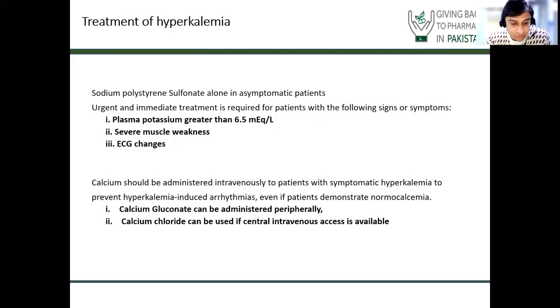If you have calcium chloride in your institute, remember calcium chloride should always be given through a central line. Also remember that calcium chloride has 3 times more elemental calcium as compared to calcium gluconate. And always try to look for the dosage form and always give the correct dosage form.